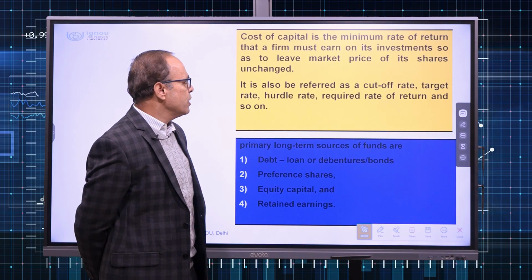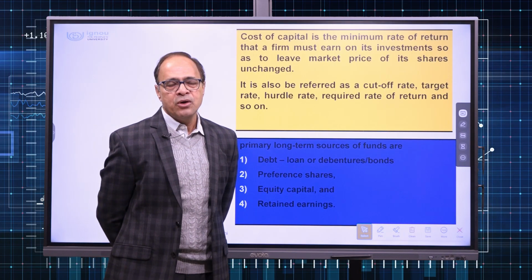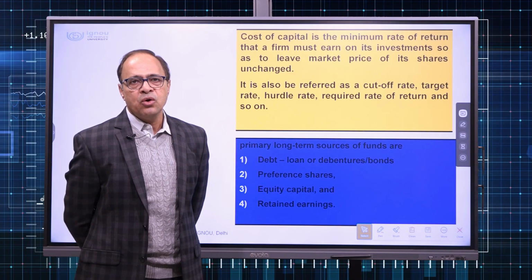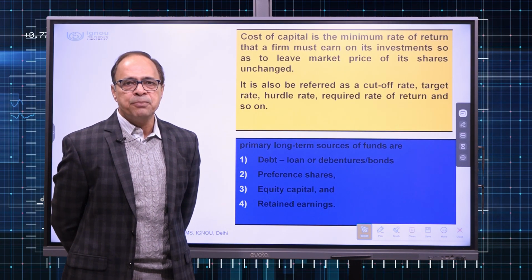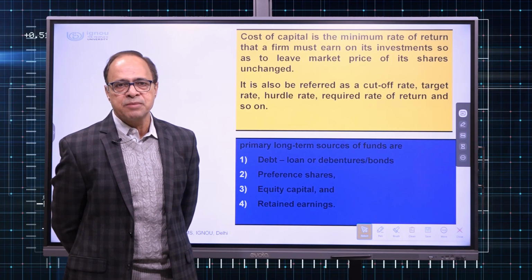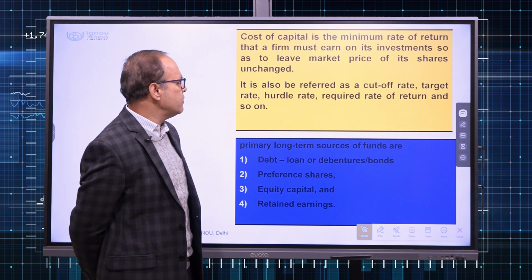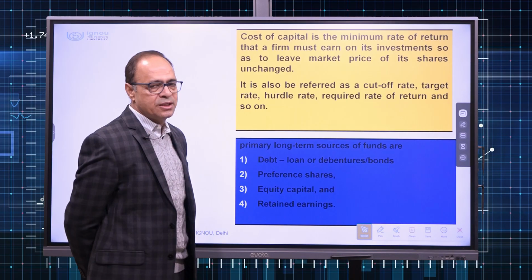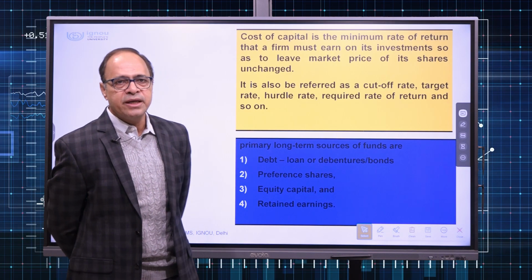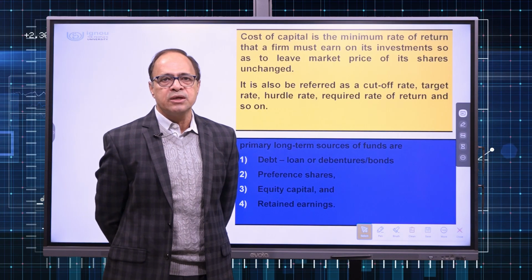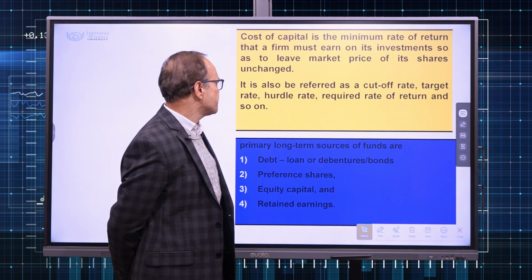Now if suppose company has a promise to pay or obligation to pay 10% interest, that means to say on its investment projects company must earn minimum 10% return so as to meet the interest payment obligation and leave the equity share prices unchanged. So appropriate definition of cost of capital is minimum rate of return that must be generated on different investment projects so as to leave the equity share prices unchanged.